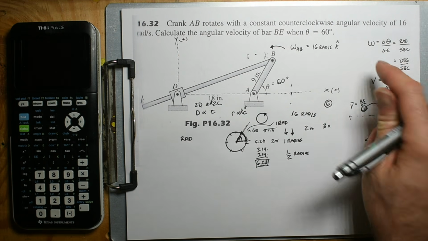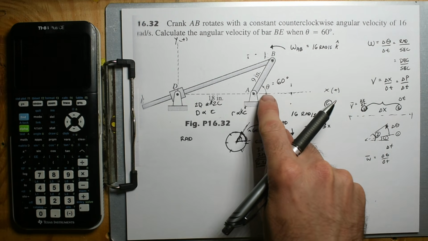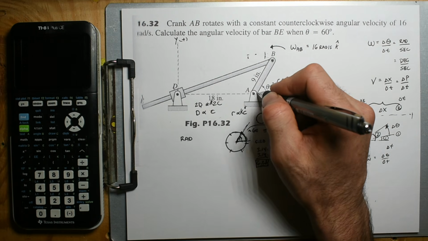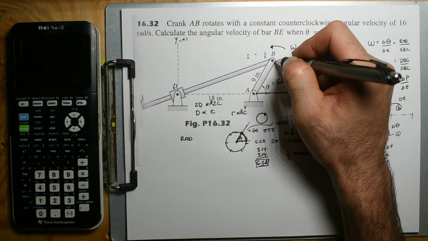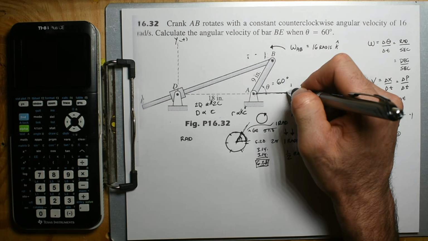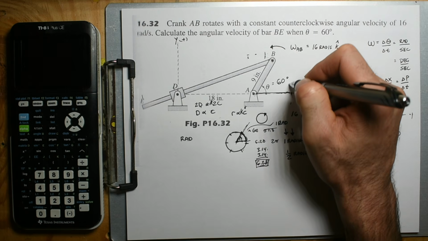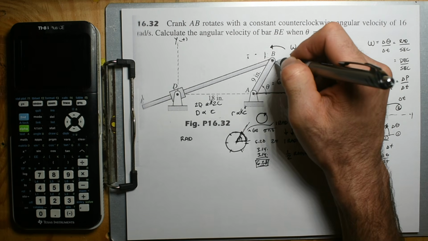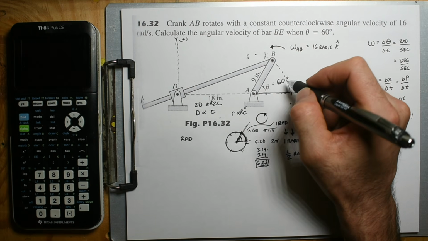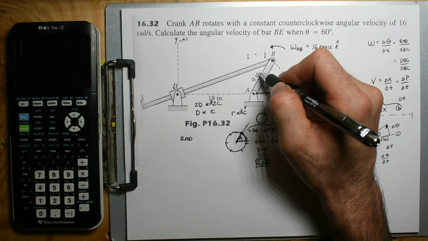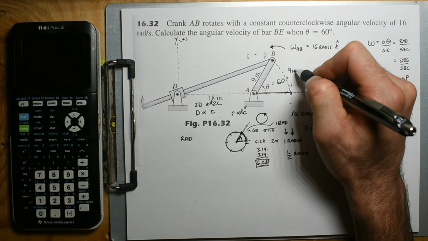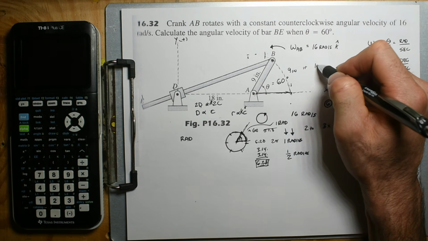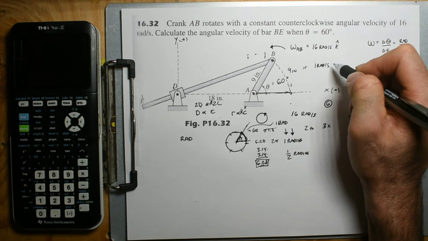Because let's say this thing was moving 1 radian a second. Let's say this bar is down here, and it's moving at a speed of 1 radian in a second. How far did we travel? Well, this is the radius, and we traveled 1 radian, so we traveled 9 inches if we traveled 1 radian per second.